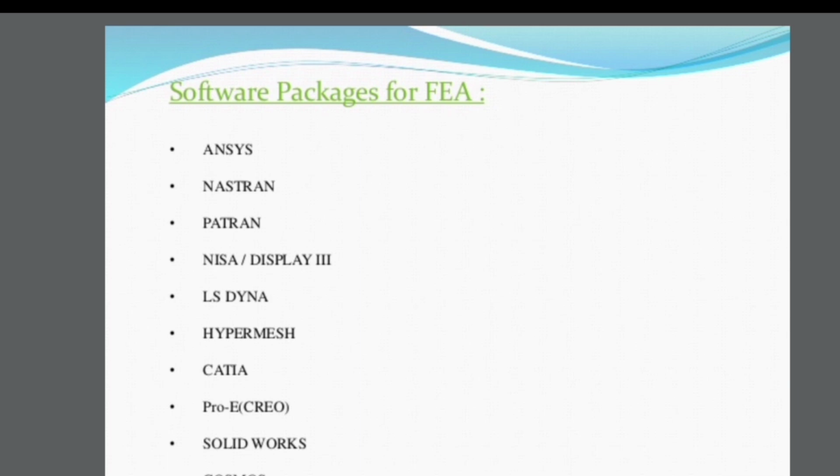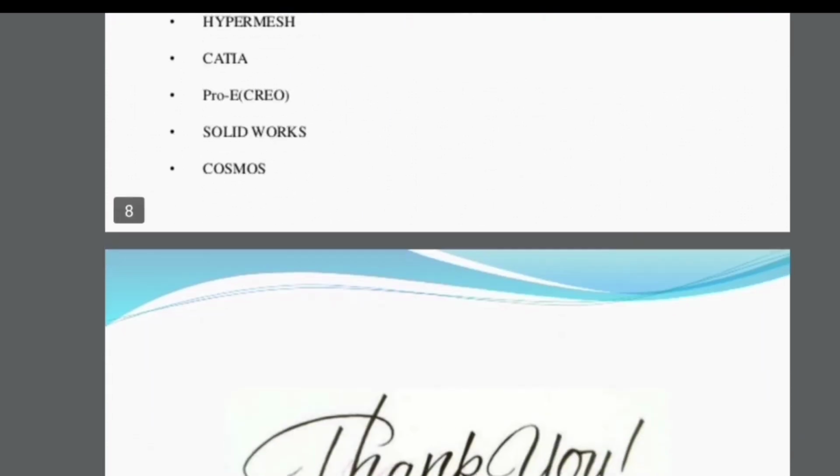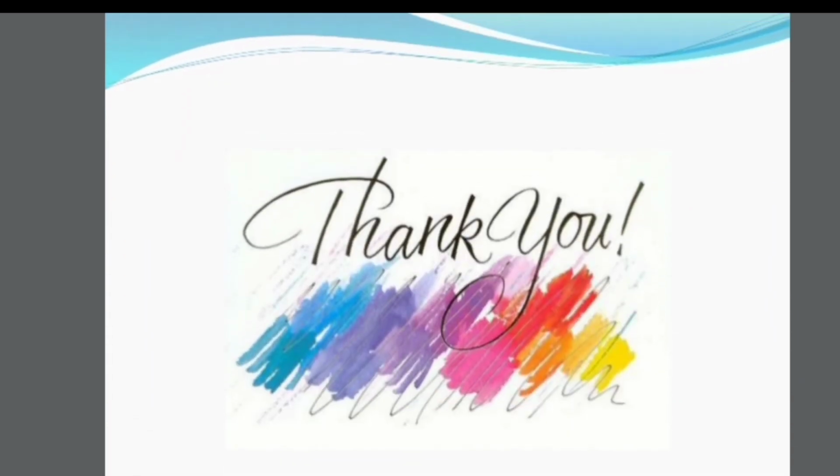Thermal analysis or heat transfer analysis problems are also very easy to solve with the help of ANSYS software. Like that, there are Nastran, Patran, and CATIA, ProE, SolidWorks, Cosmos. These are all powerful tools to analyze any products. Thank you.